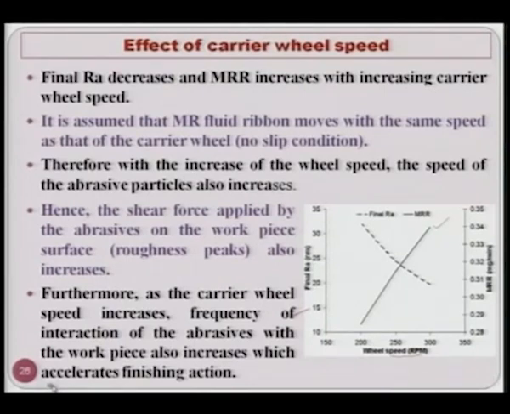Suppose 50 rpm and 100 rpm: at 50 rpm, that means 50 times in 1 minute the particular abrasive particle will be in contact with the workpiece. At 100 rpm, 100 times in every minute it will be in contact with the workpiece surface. That means time of interaction is increasing, then removal of material will also increase.